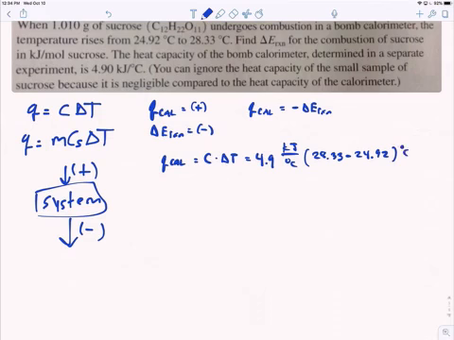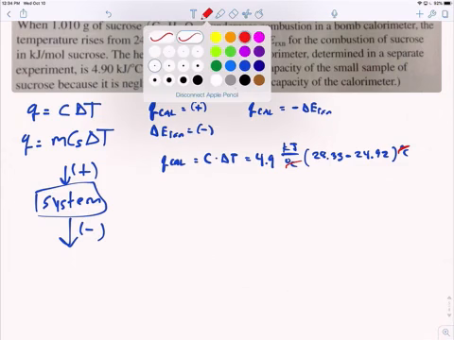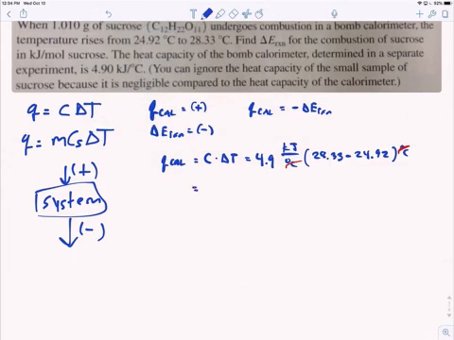So degrees Celsius cancel. And I might cheat and just look at the book. And this equals 16.7 kilojoules. Okay, is everyone good up to here so far?